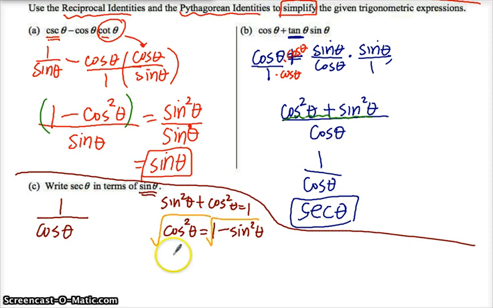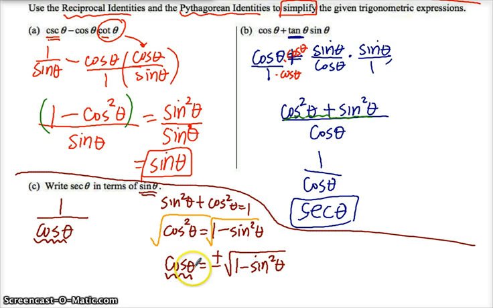But remember, when you take the square root of both sides, you get plus and minus the square root of 1 minus sine squared theta. So now I have a singular cosine to the first power of theta, and that equals plus or minus the square root of 1 minus sine squared theta. So this then, in terms of sine, is 1 over plus or minus the square root of 1 minus sine squared theta.